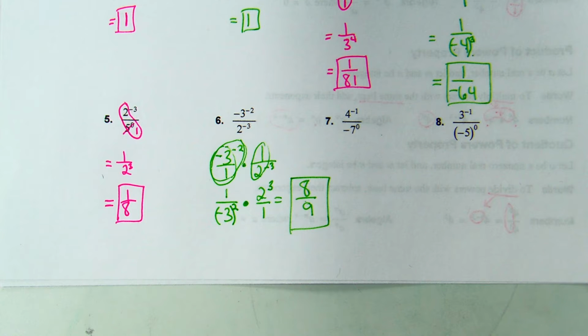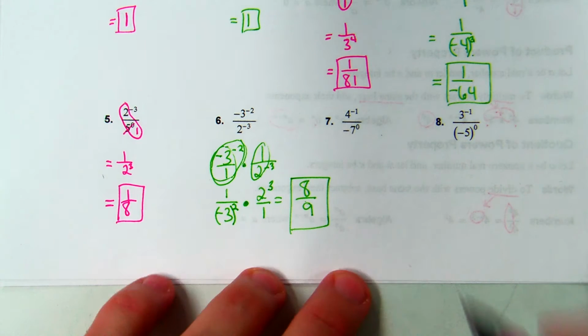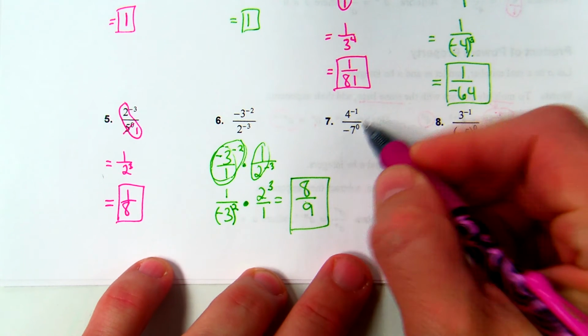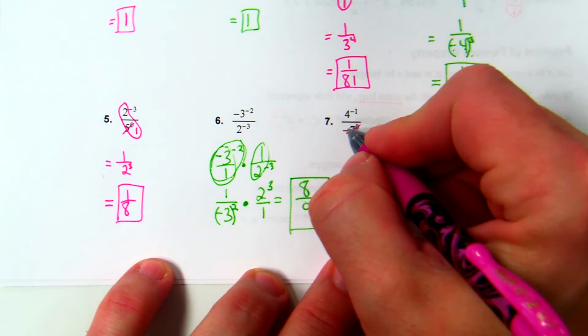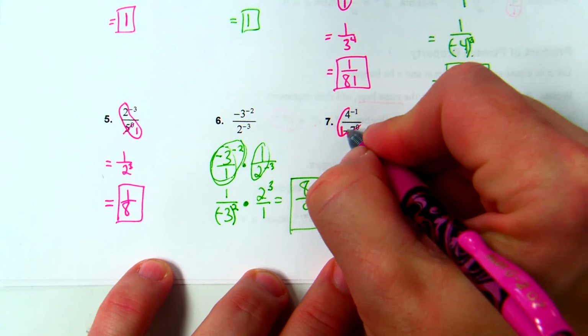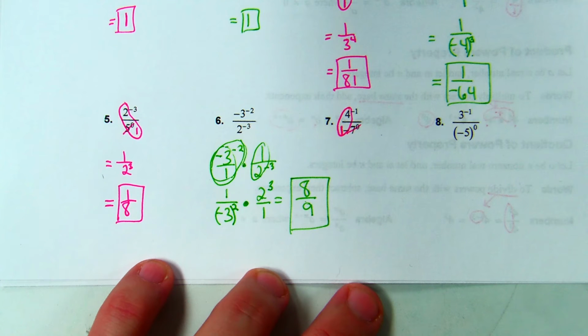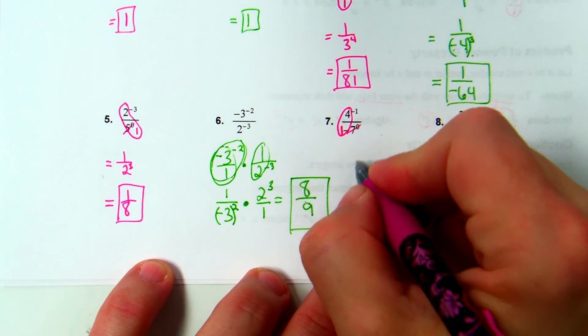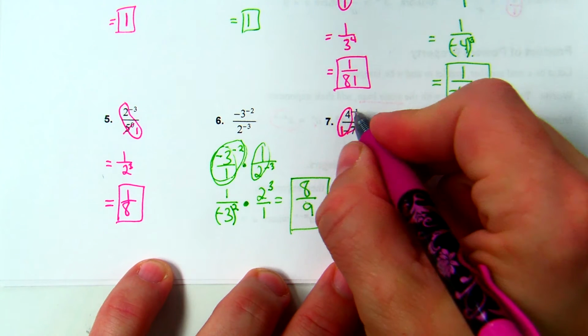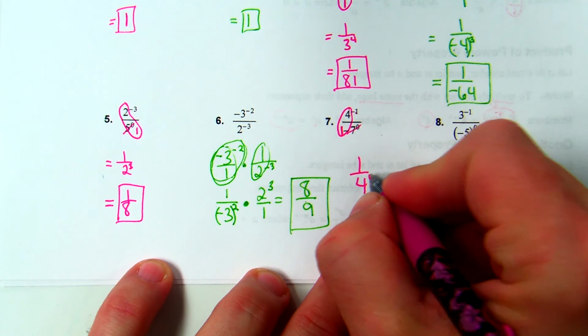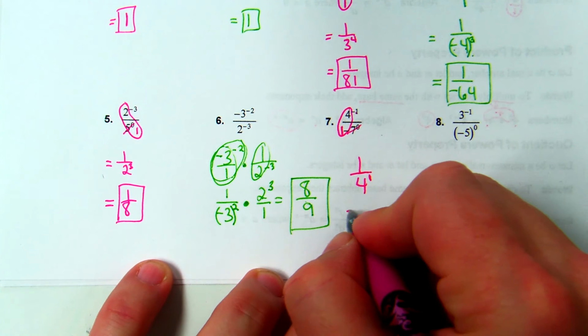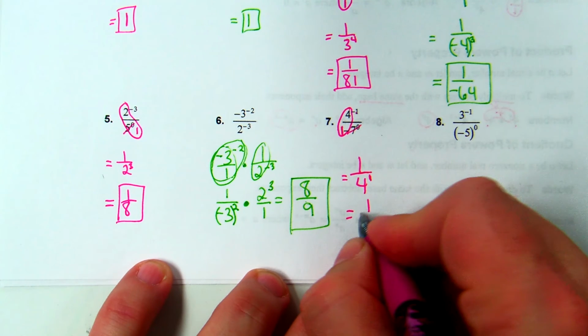The next two go pretty quick because, again, anything raised to the 0 power is 1. So I've just got 4 over 1 raised to the negative 1 power. The negative tells me to flip it. 1 over 4 raised to the positive 1 power, and that's just the same thing as 1 over 4.